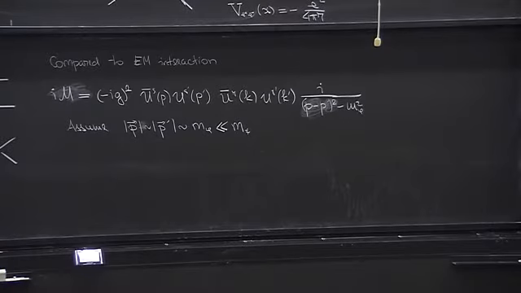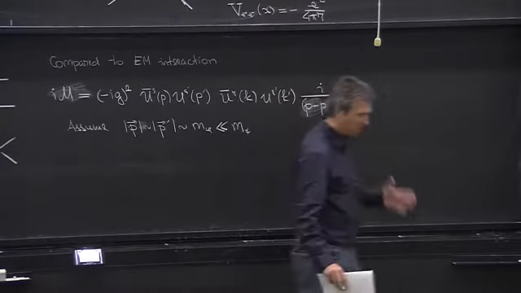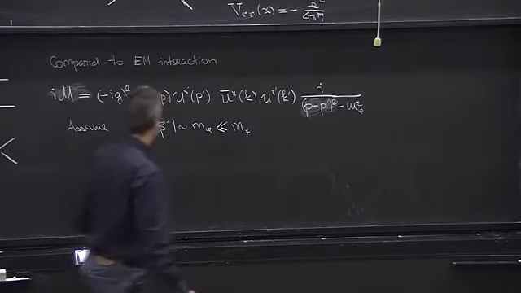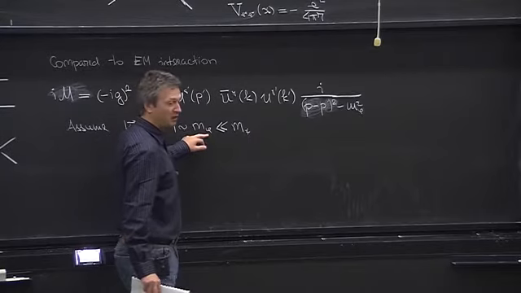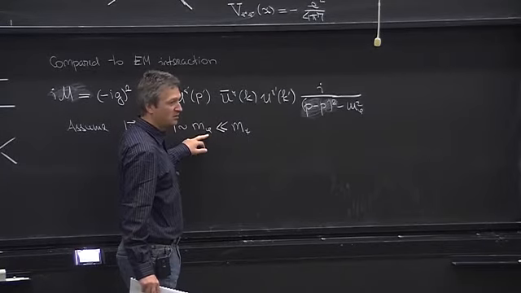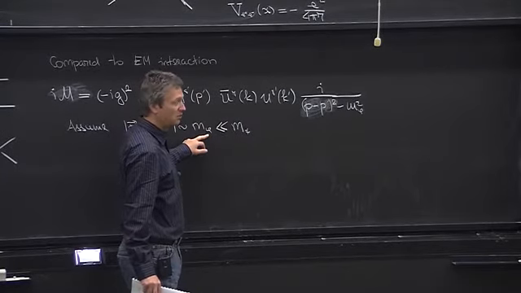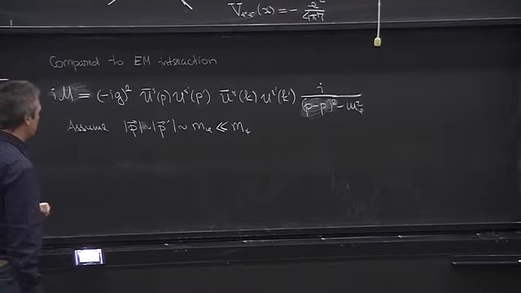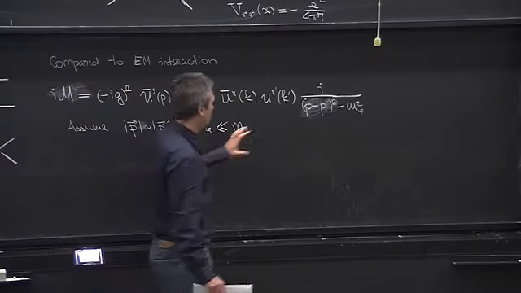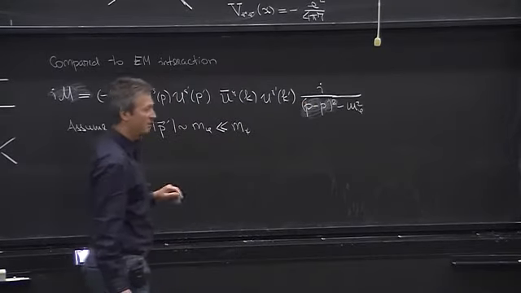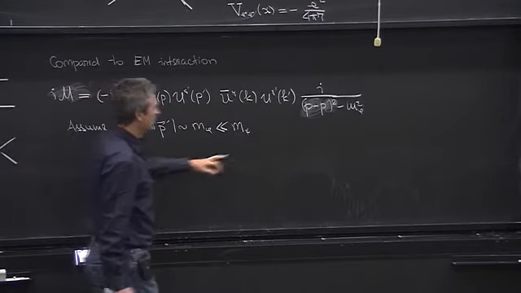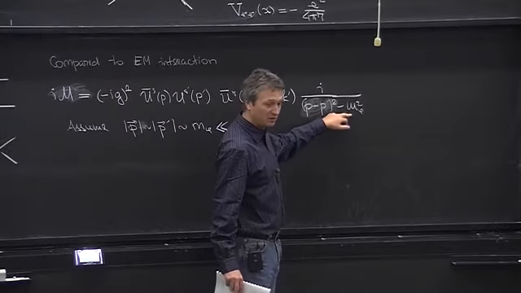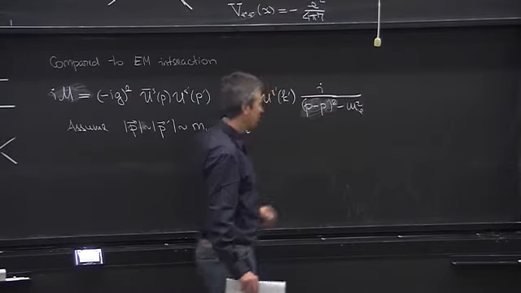So we assume that fermions are heavy, like proton and neutron are very heavy particles, but the scalar is assumed to be lighter. For instance, the pion is about 8 times lighter than nucleons. So in the potential, we will do the same non-relativistic approximation for fermions, but we will not neglect the mass correction here in the propagator.